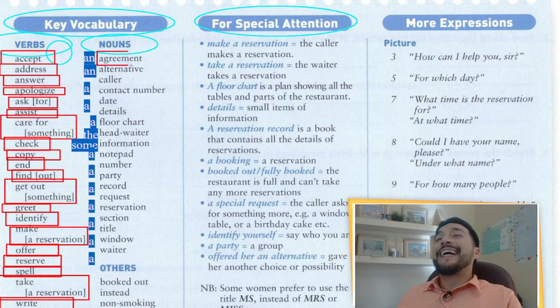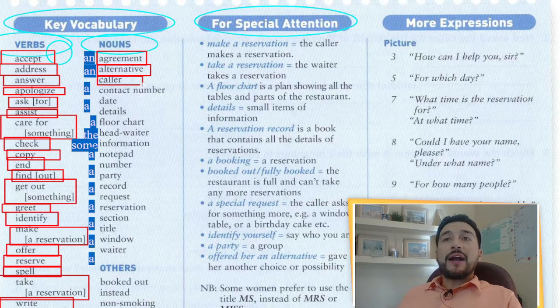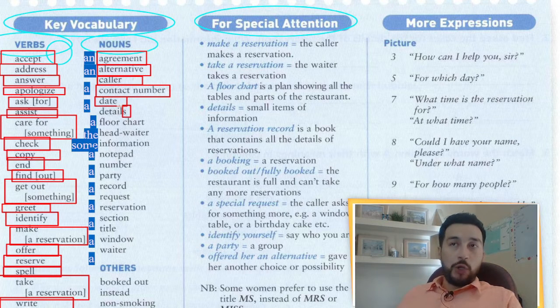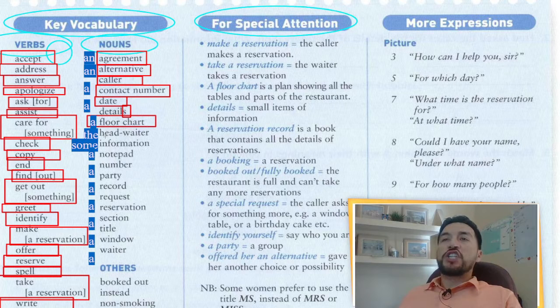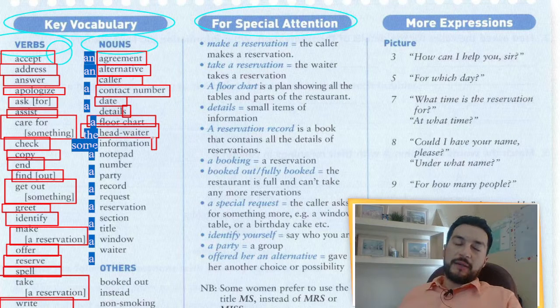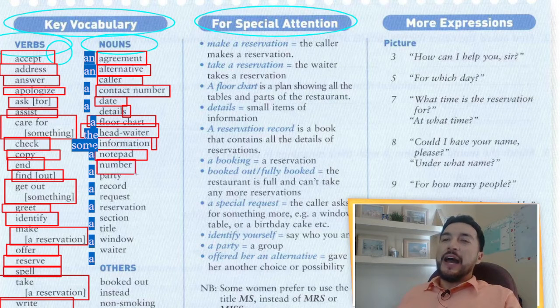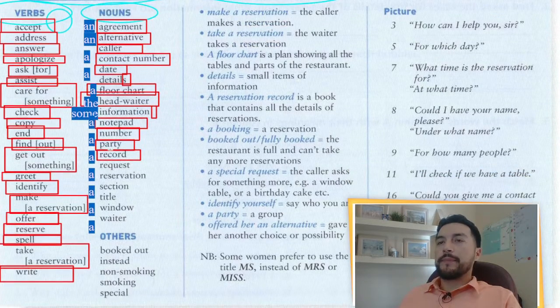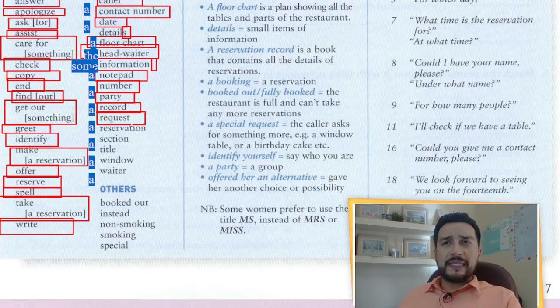For example, an agreement, an alternative, a contact number, a date, details, this one is plural, a floor chart, the head waiter, some information, this one's uncountable, a notepad, a number, a party, a record, a request, a reservation, a section.